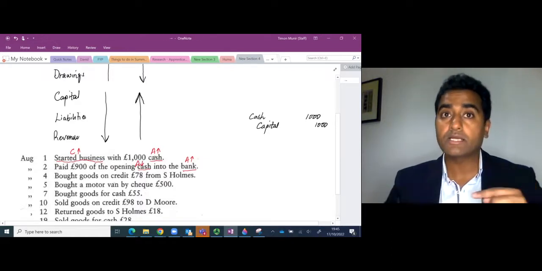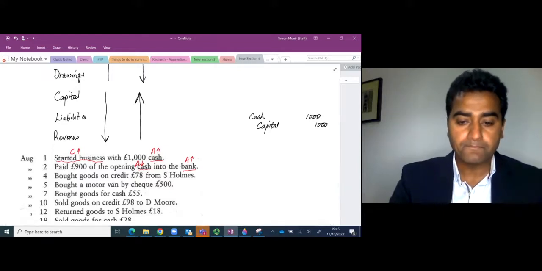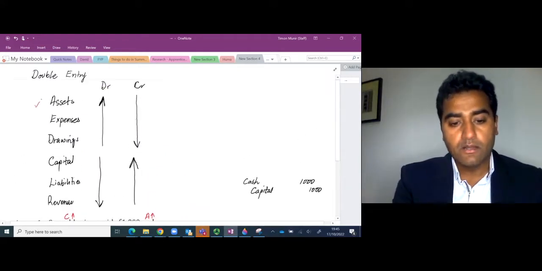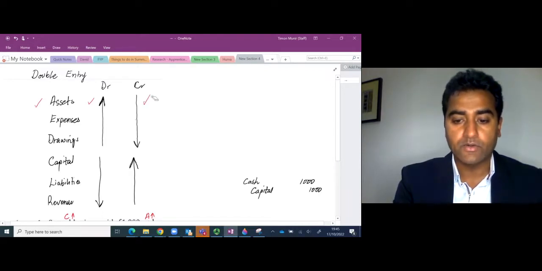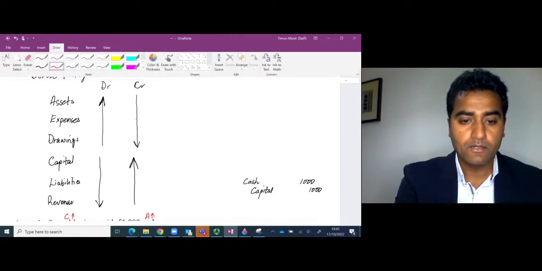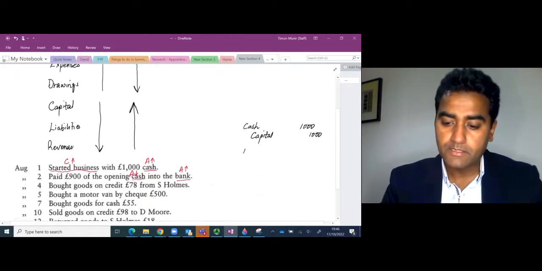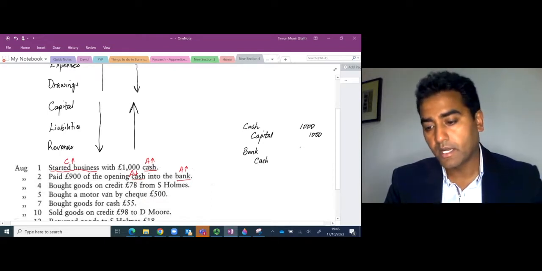So now you can see one asset is increasing and the other asset is decreasing. When asset increases it is debit, when asset decreases it is credit. Therefore my double entry will be bank debit and cash is credit by £900.